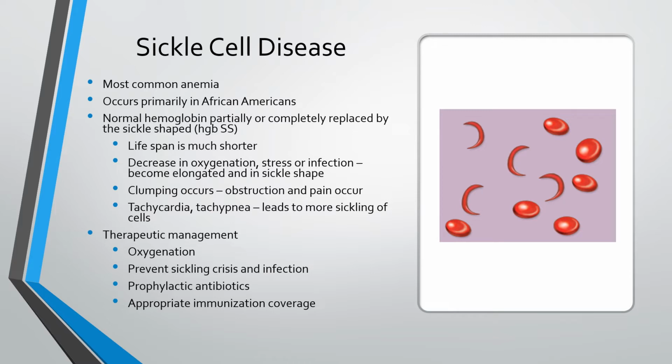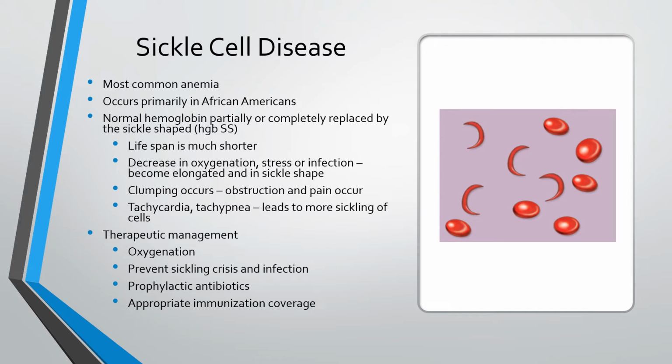There's decreased oxygenation, stress, or infection. Those cells can become very elongated and sickle in shape. So if we can give oxygen to help facilitate the cells moving through the bloodstream, it can help prevent further sickling. Clumping can occur, which causes obstruction and pain.